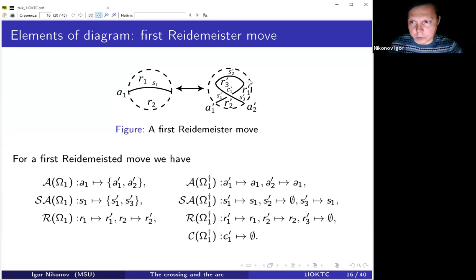If we consider the inverse Reidemeister move, then this small region R3 prime disappears during the move, so it corresponds to nothing here. And this crossing after the move corresponds to nothing. So this is the image of the morphism by the functor.